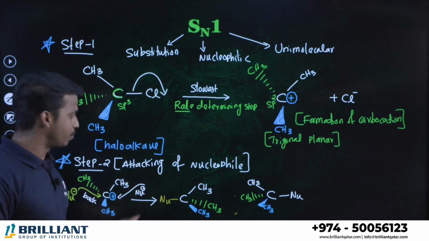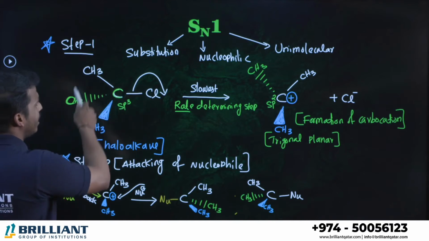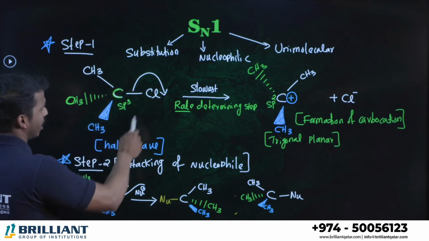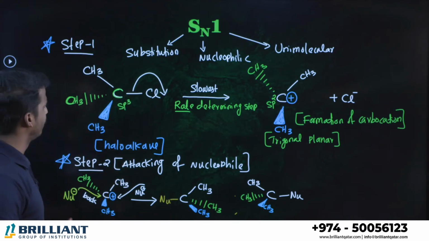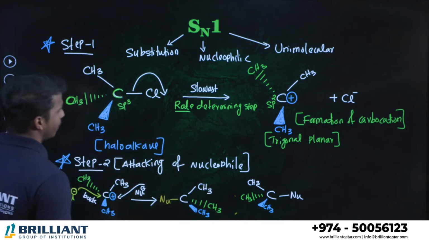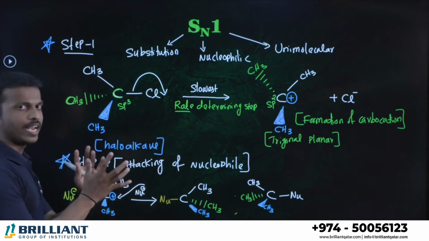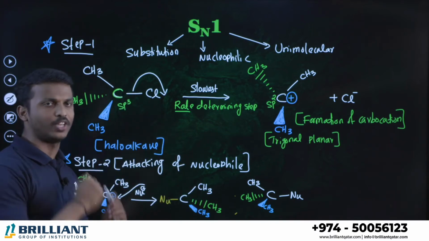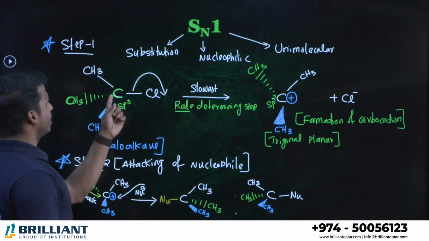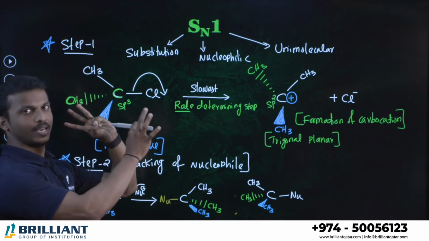What is the difference between these two? Dear all of you, please look into the initial reactant. This is your initial reactant, your haloalkane. This is one of the final products. Please observe, are there any changes in their configuration or arrangement? Yes. Here the carbon and 3 methyl groups are like this and the halogen is here.